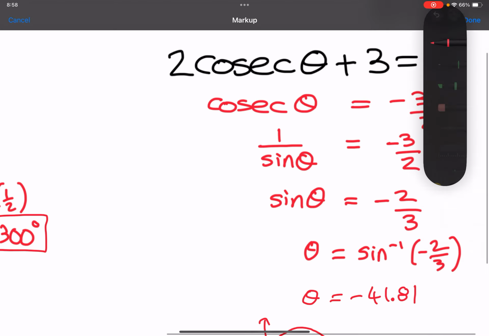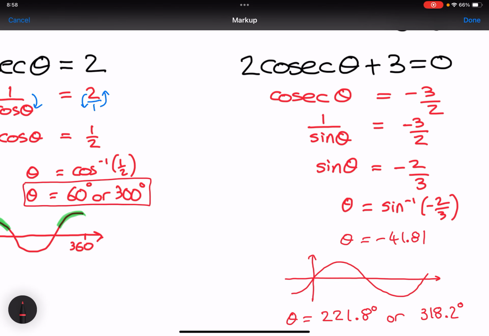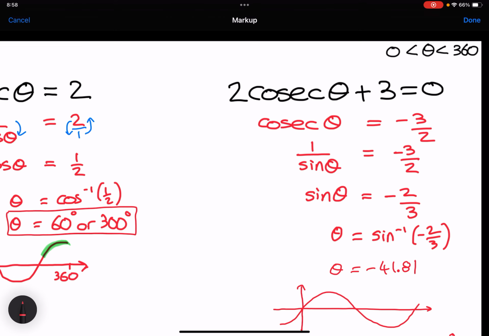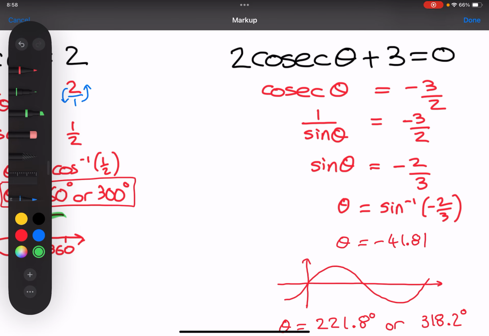Next example, we've got 2 cosec theta plus 3 is equal to 0, and again we're solving that in between 0 and 360. So first thing I've done is I've made the cosec the subject. So I subtracted the 3 from both sides, and then I divided both sides by 2. So on the right hand side I've got minus 3 over 2.